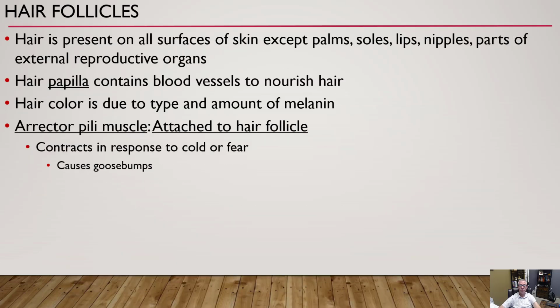Your hair color is due, as I mentioned earlier, to the type and the amount of melanin. I talked about eumelanin for dark hair, pheomelanin for red or blonde hair. We also have muscles that are attached to hair follicles. Those are called erector pili muscles, and those are going to contract in response to cold or fear.